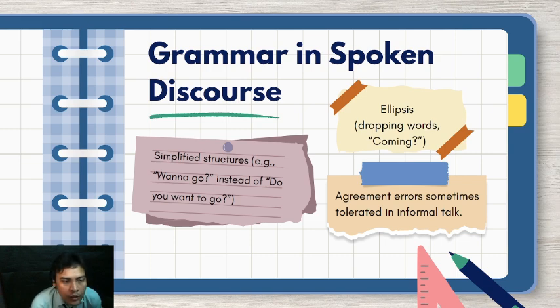Sometimes agreement errors are tolerated as long as the meaning is clear. Carter and McCarthy in 2017 described this as spoken grammar, which differs from written grammar.